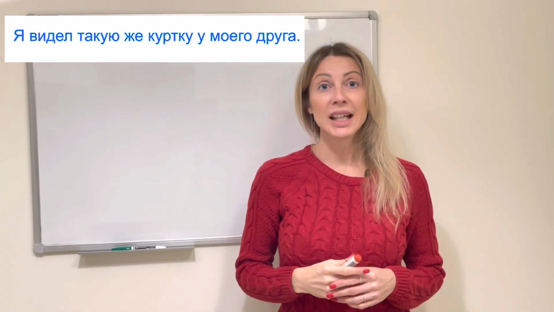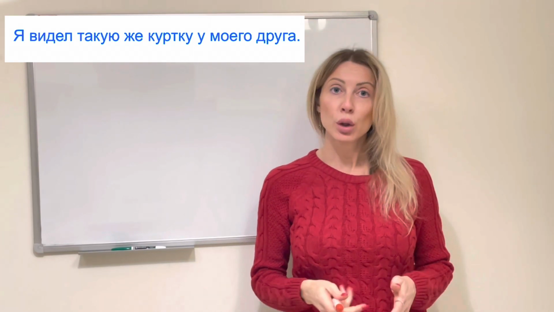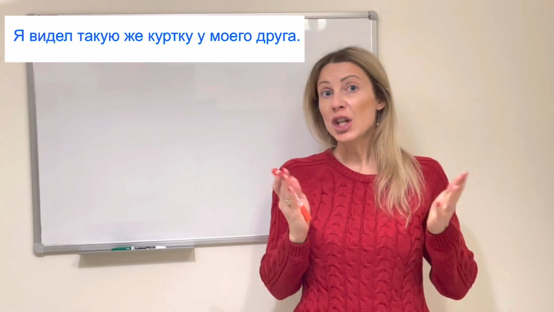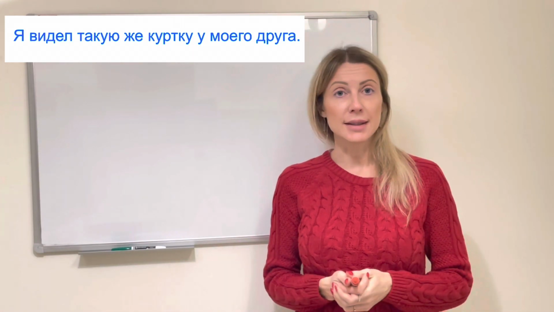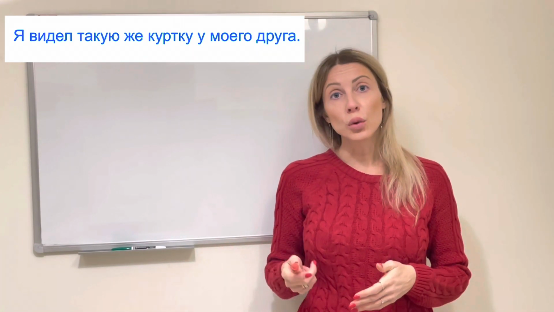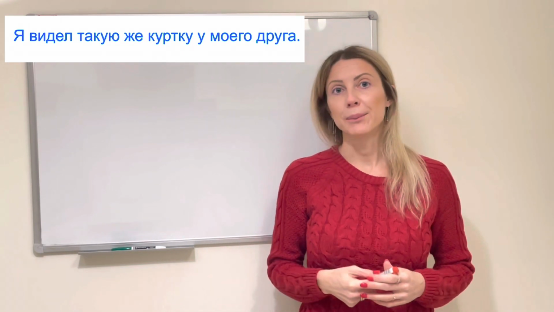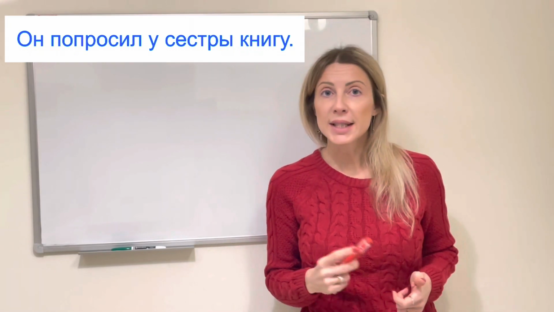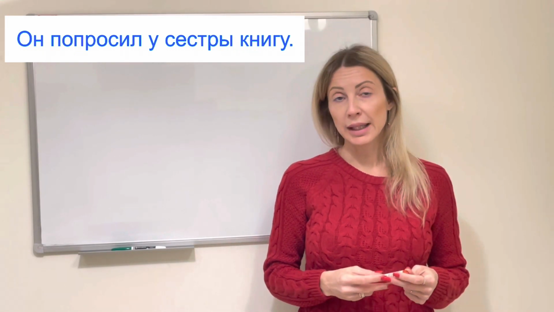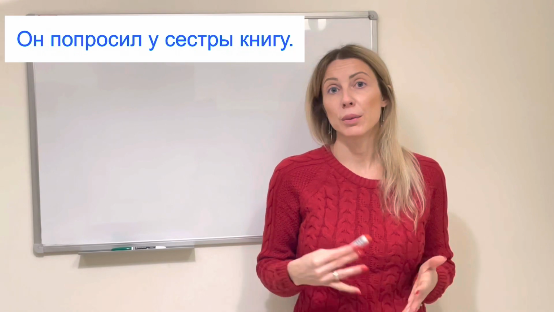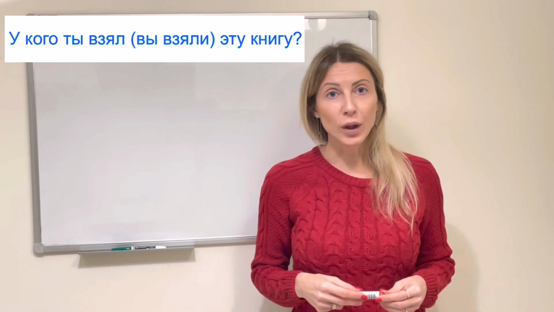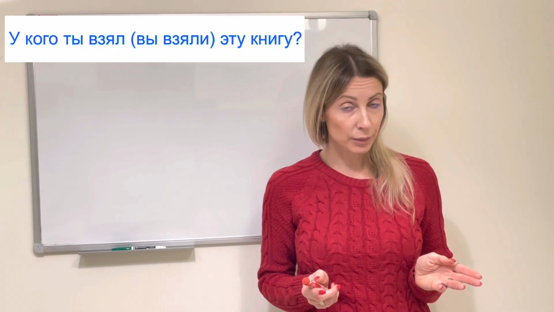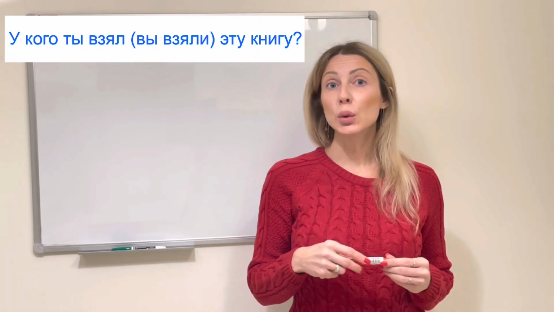Я видел такую же куртку у моего друга. I saw a jacket just like that at my friend's. У моего друга. Он попросил у сестры книгу. He asked his sister for a book. У кого ты взял, or вы взяли, polite form, эту книгу?